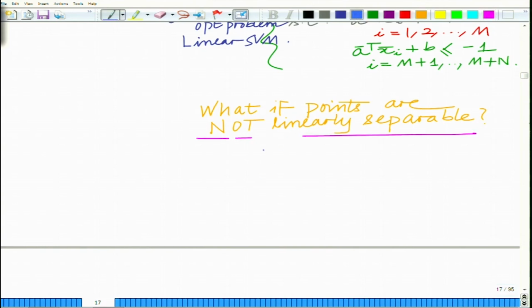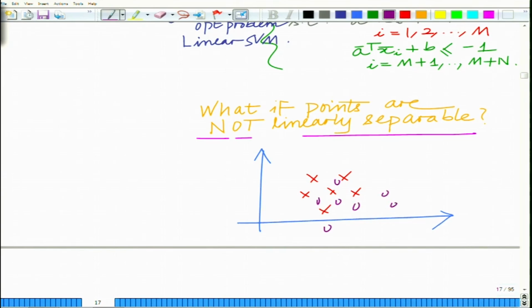For instance, you have a situation where you have some points belonging to hypothesis H0, and at the same time you have some points belonging to hypothesis H1.